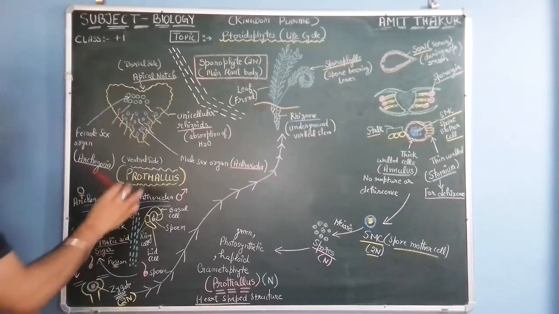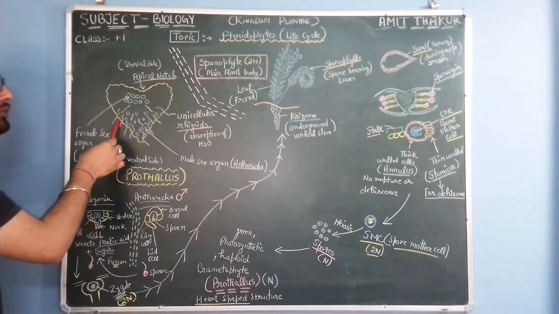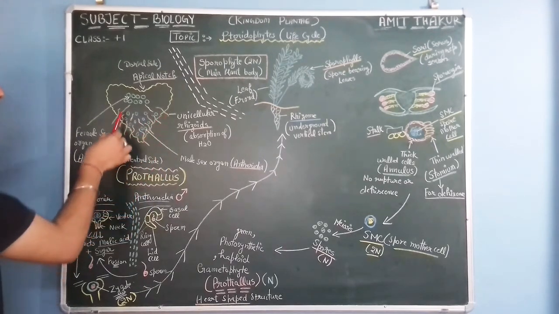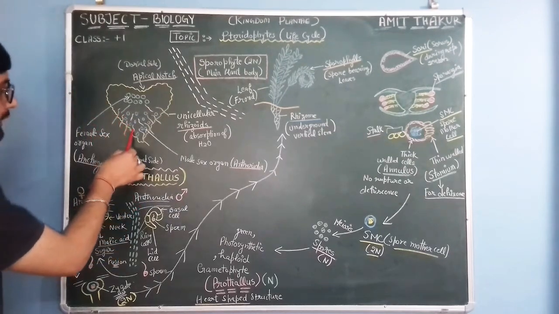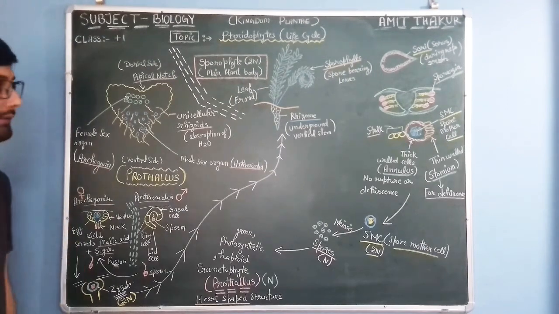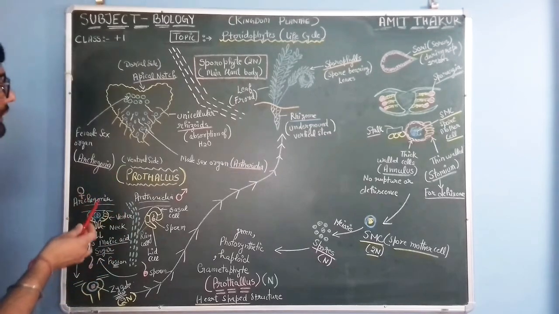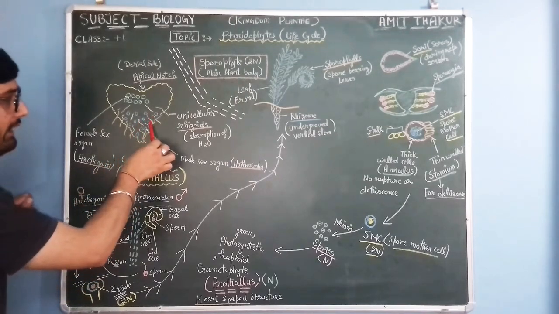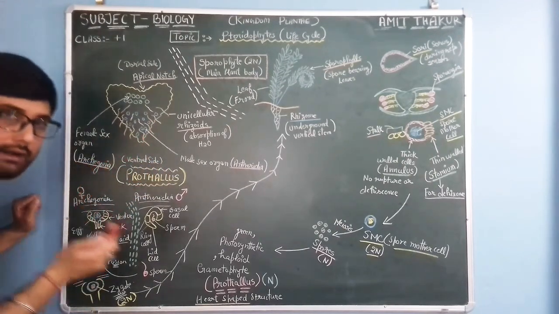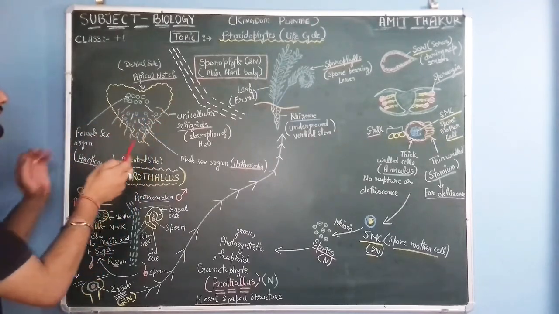Towards the ventral side there are many unicellular rhizoids, and their main function is to absorb water, or you can say they act like roots.